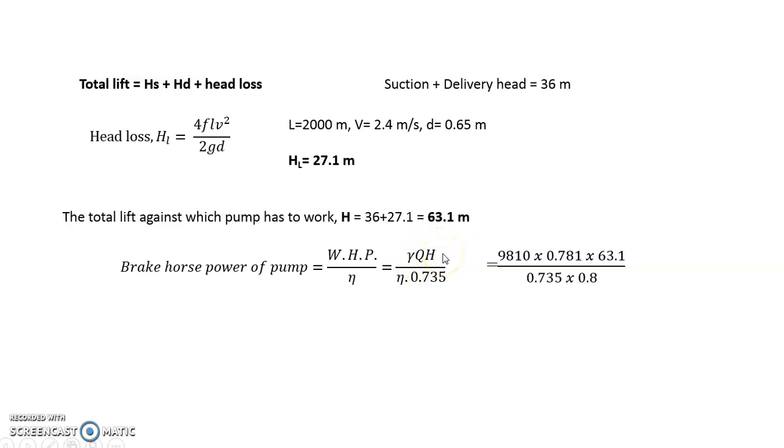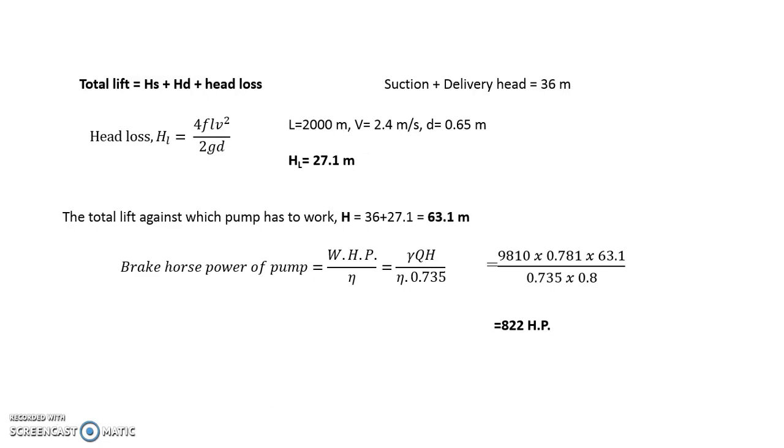So gamma is 9810 into 0.781 into 63.1 divided by 1000, and the whole divided by 0.735 into 0.8. You can also understand this equation as 9.81 into 0.781 into 63.1 divided by 0.735 into 0.8, and the final answer for the brake horsepower of the pump is 822 horsepower.